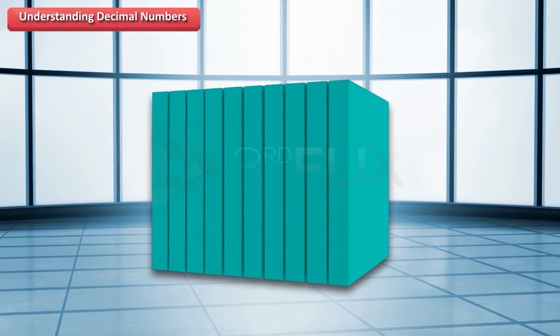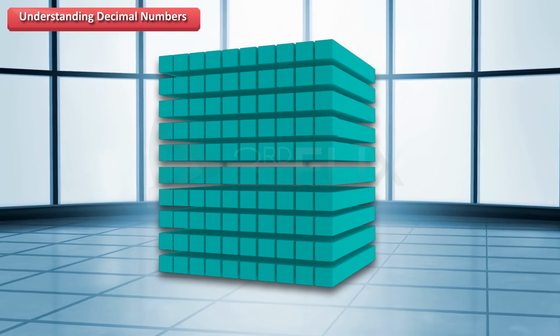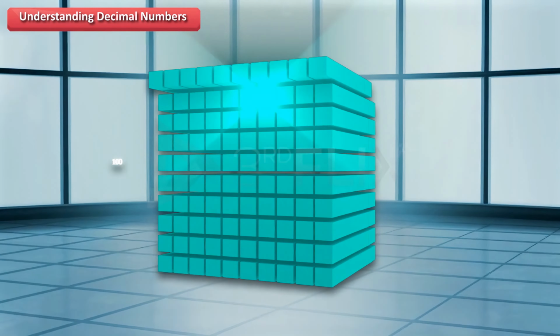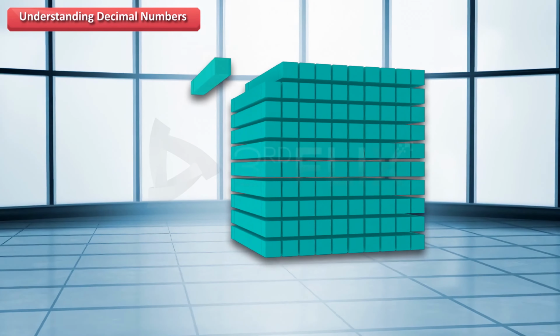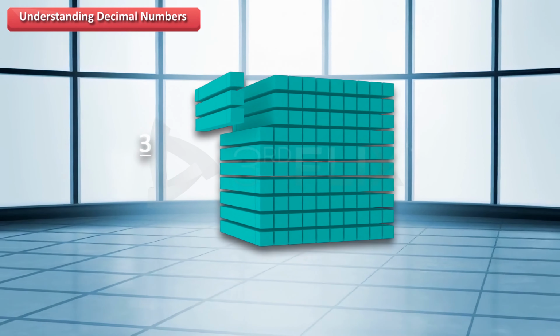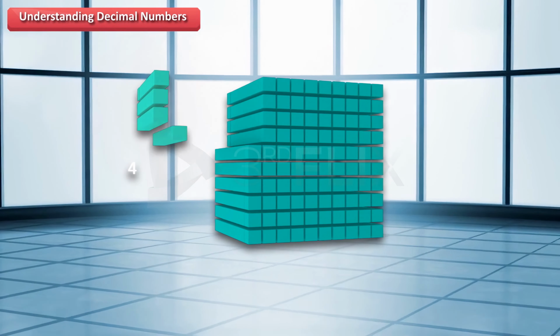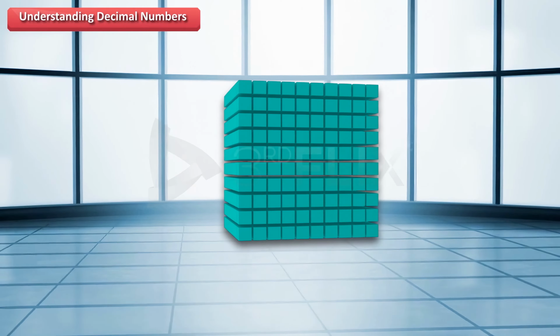Further, cut this stack into 10 equal parts in the perpendicular direction to the previous dissected direction. Then we get 100 equal parts. Each part represents 1/100th. 3 parts together represent 3/100ths, and 4 parts together represent 4/100ths, and so on.